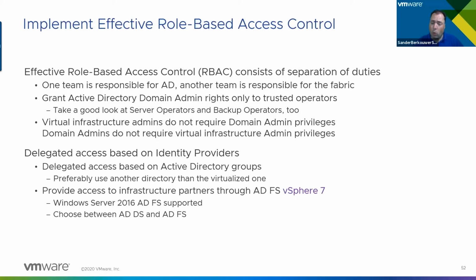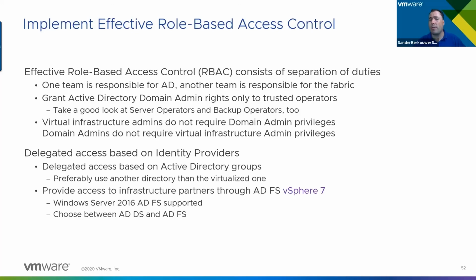Now, we all know that in vSphere, you can create single sign-on with your Active Directory. Of course, it's not the most brilliant idea to have your vSphere RBAC tied to the same domain that you use for everything else. So you could implement a second Active Directory and use that for RBAC.